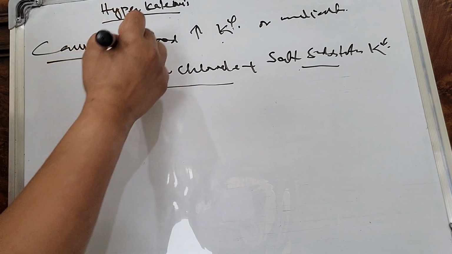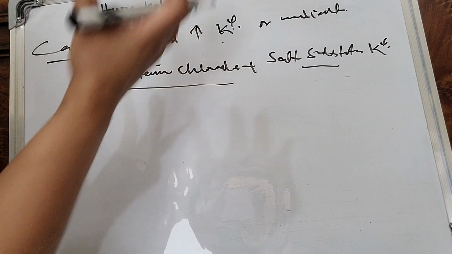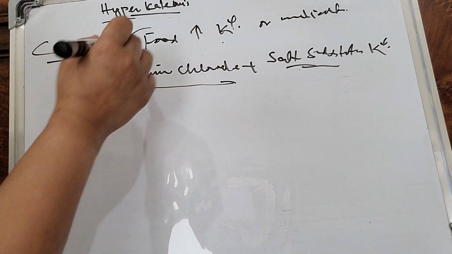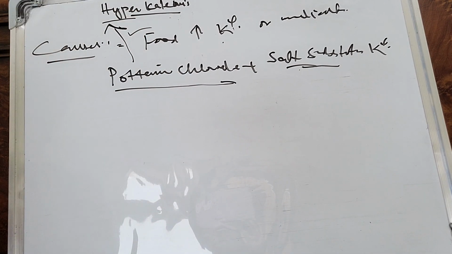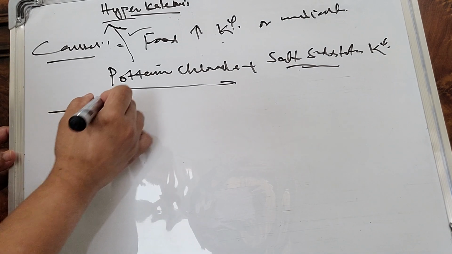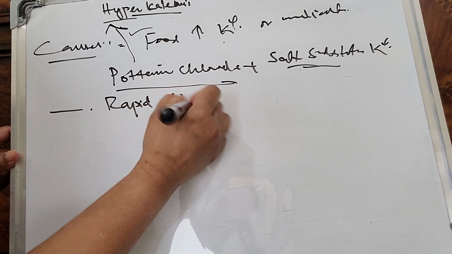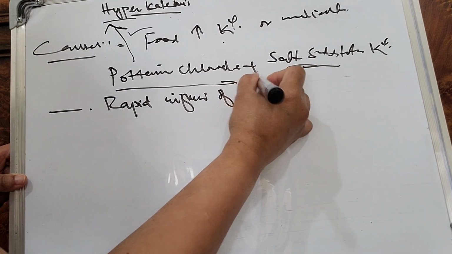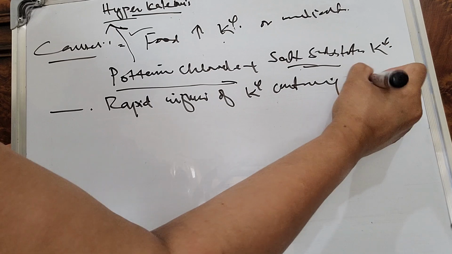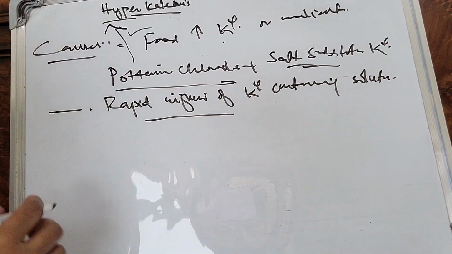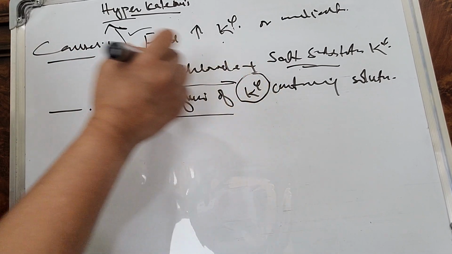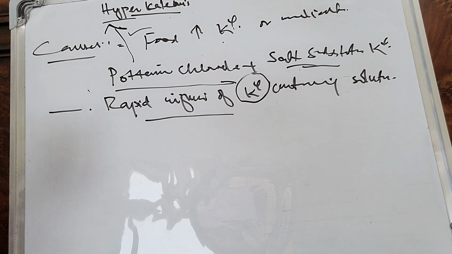So if the patient is taking too much potassium in food and medication, the patient can have hyperkalemia. The second is rapid infusion of potassium-containing solutions. If the patient is receiving an infusion with high potassium in the IV fluids, this also becomes a cause of hyperkalemia.